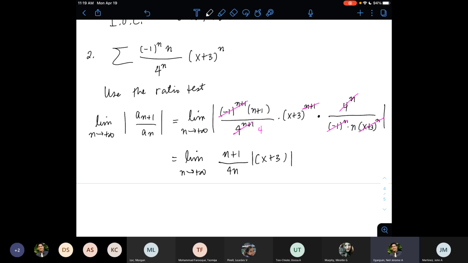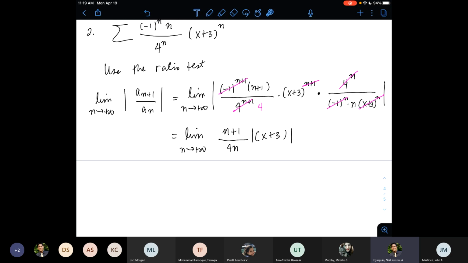I was able to free this factor out of the absolute value because it's always positive, right? When n goes to infinity. So this is always positive, no need for the absolute value. But I need to keep the absolute value for x plus 3 because x plus 3 can be positive or negative depending on the value of x. So that's important.